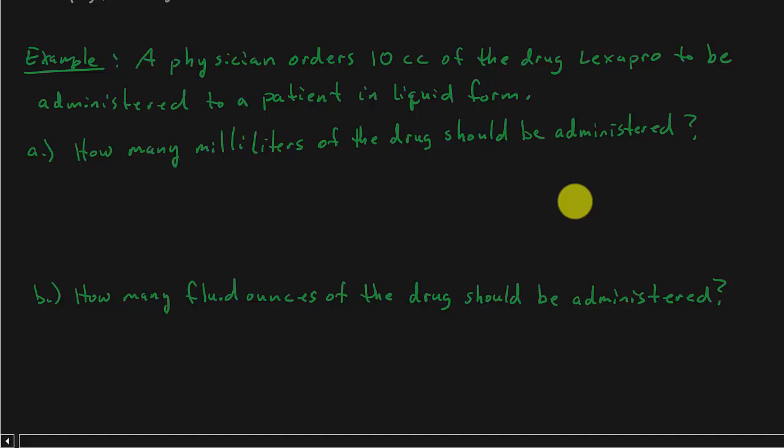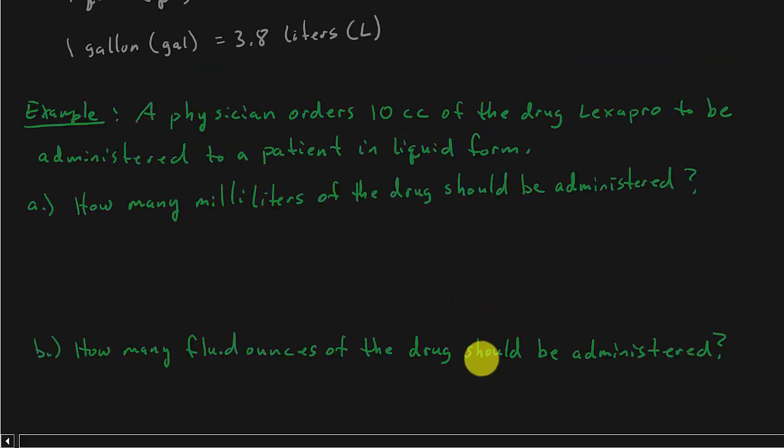It says a physician orders 10 cc of the drug Lexapro to be administered to a patient in liquid form. How many milliliters of the drug should be administered? Okay, so we're going from cubic centimeters to milliliters.